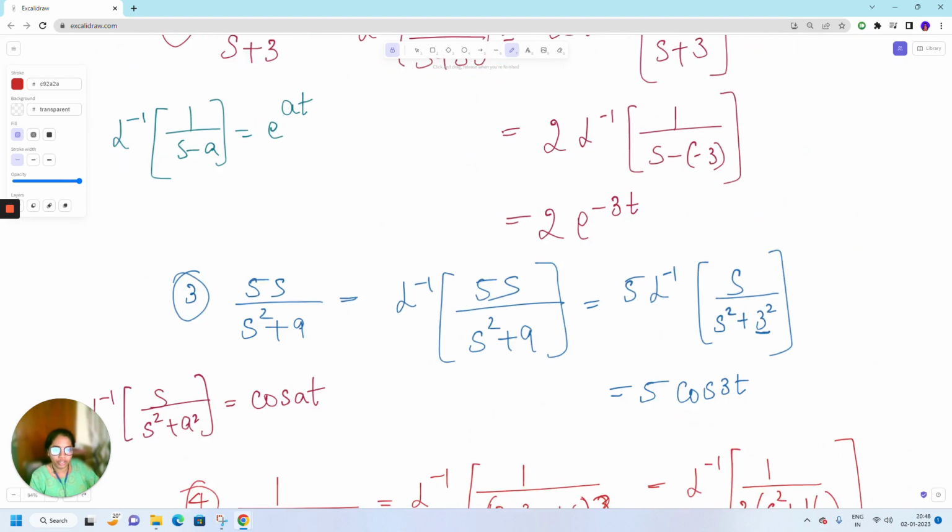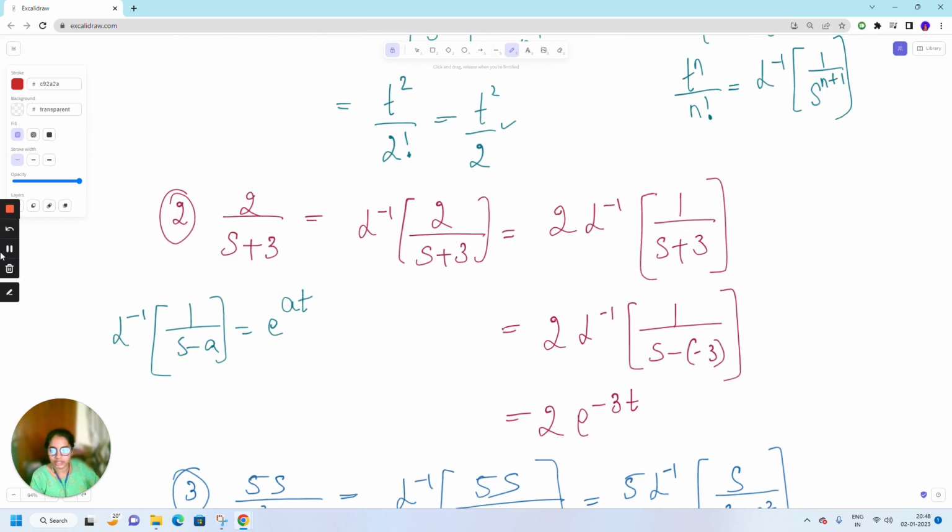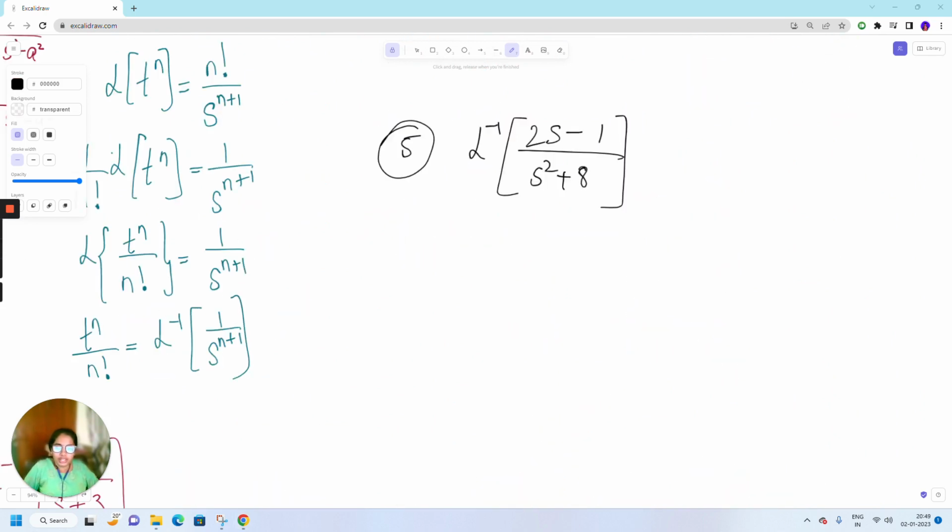Moving on to our next question, that is, find the Laplace inverse of 2s minus 1 divided by s square plus 8. What should I do? In all the formulas, I have only one term in the numerator, right? So I'll just split the terms.